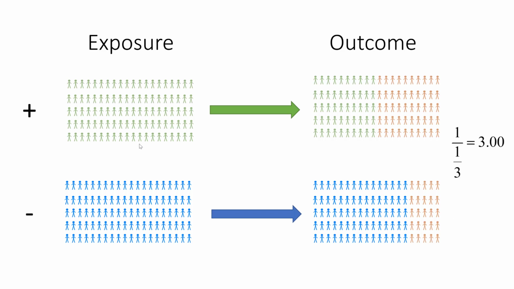So we simply divide 1 by 1/3, and we have an odds ratio of 3.00. We interpret this by saying subjects who were exposed had odds of the outcome that were 3 times as high as subjects who were not exposed.